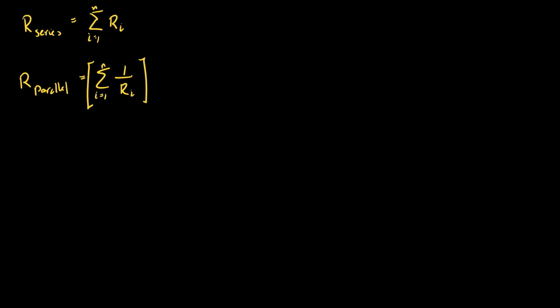For resistors in series, it's the simple sum of the resistances. And for resistors in parallel, it is the sum of the inverses, inverted. We all good? Got a plan?